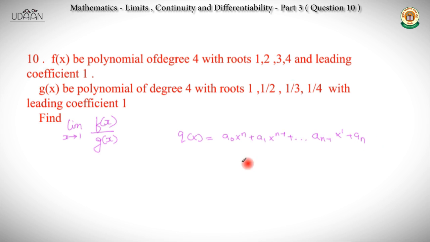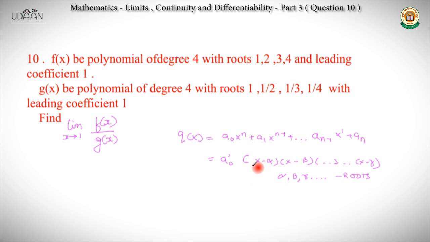Right. Okay. So now this equation can also be written in the form of a0 dash into x minus alpha, x minus beta, so on till x minus gamma. Right. Where alpha, beta, gamma and so on are its roots. Okay, and now we have to find the leading coefficient.